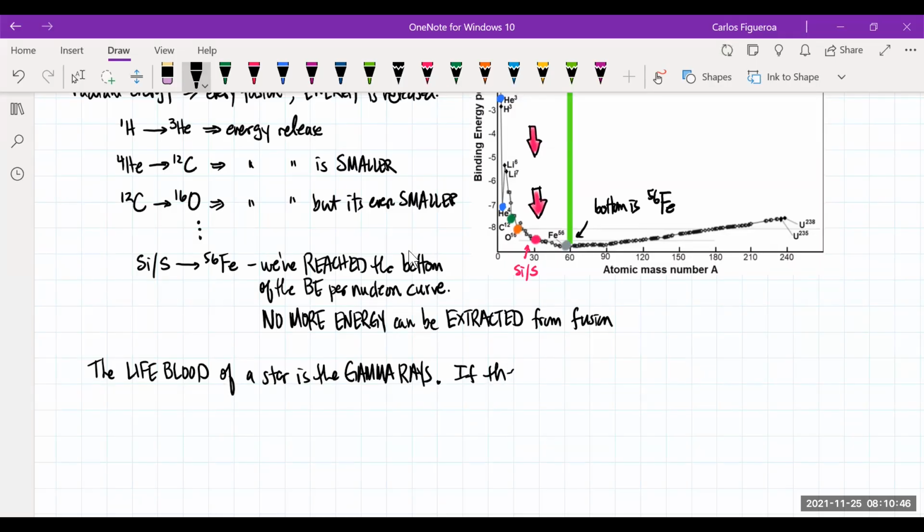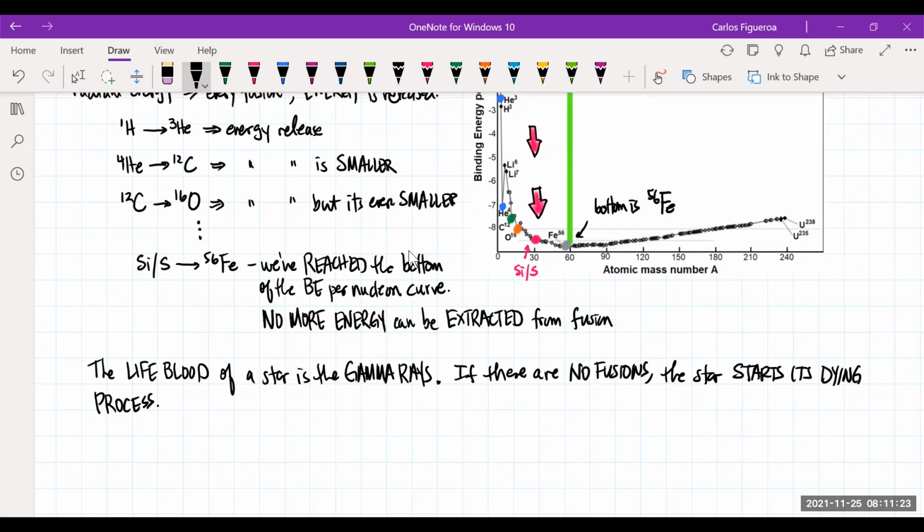If there are no fusions, the star starts its dying process. Okay, the star starts its dying process.